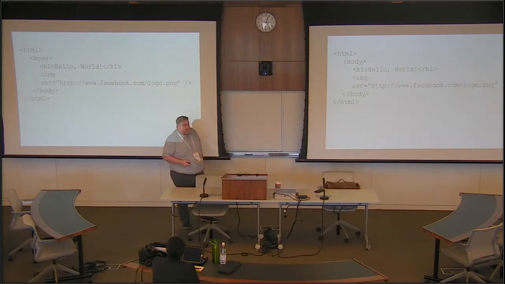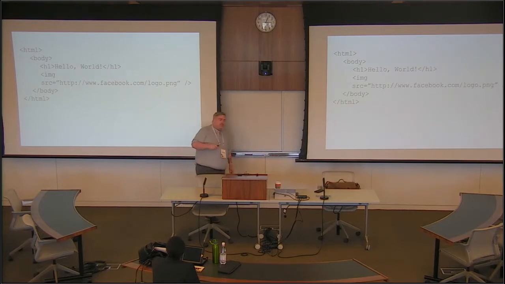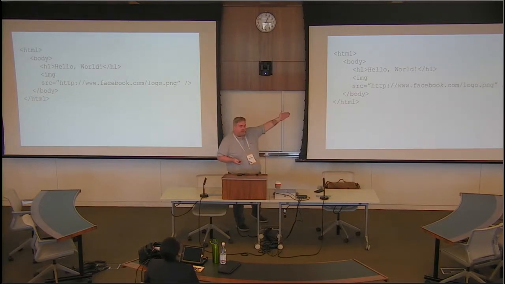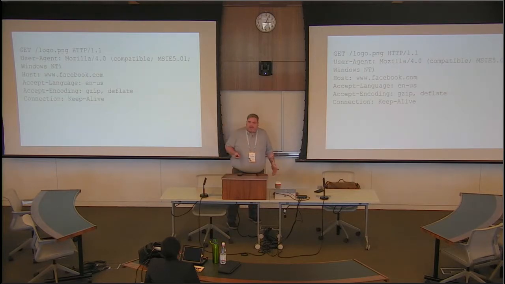Let's say that page has an image in it, and that image is coming from facebook.com. Now we've added a third party to this request, which means that you've sent the request to Google, Google has sent back this HTML code, and within that code it includes a reference to another domain. So then another HTTP request has to be sent out by your browser to go get that image.